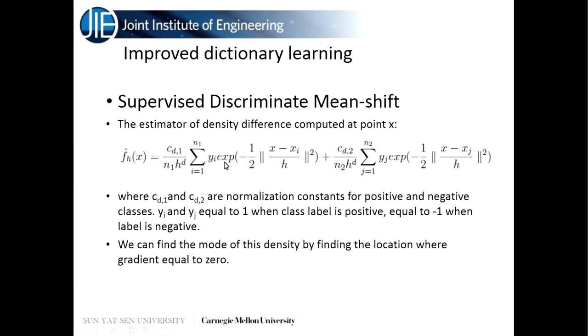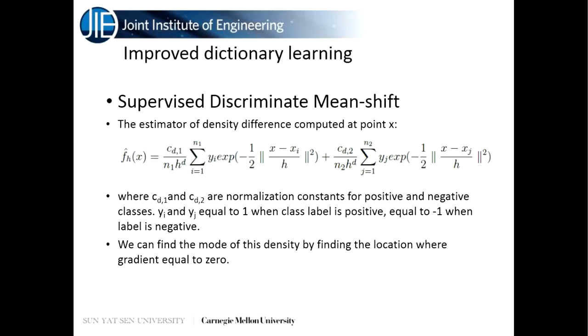Then what we try to do is find the mode, or the maximum, of this f_h(x), because if you can find the maximum of it, the discriminative information is maximized, because you can separate these two classes. Looking at their kernels, we can find the mode of this function.